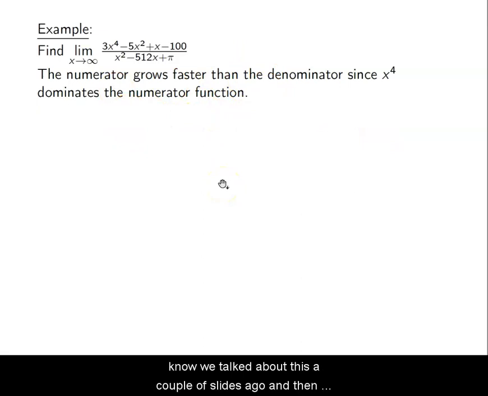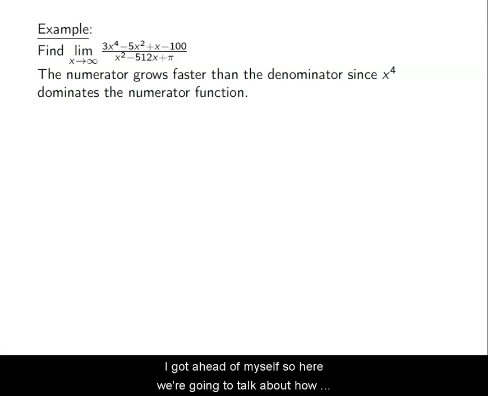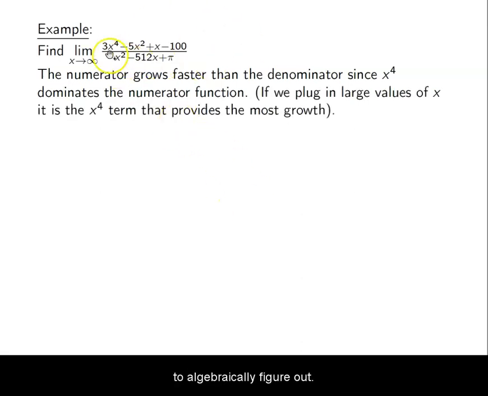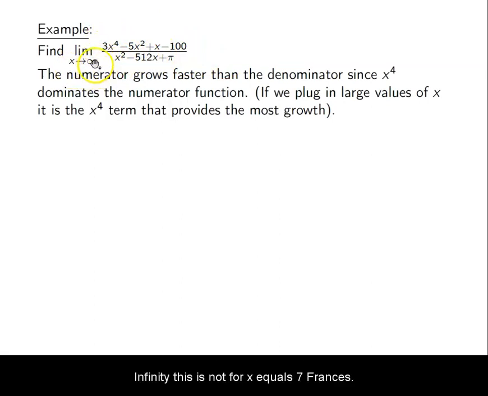I talked about this a couple of slides ago and then never actually did it, because I got ahead of myself. So here we're going to talk about how to algebraically evaluate these things at infinity. Remember, this is for infinity, not for x equals 7, for instance.